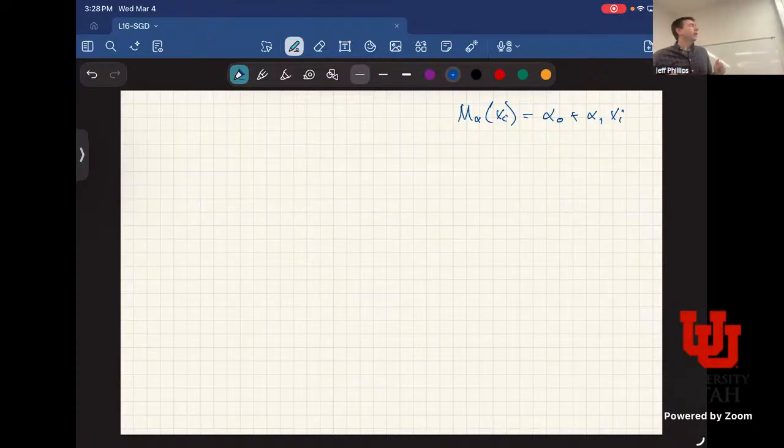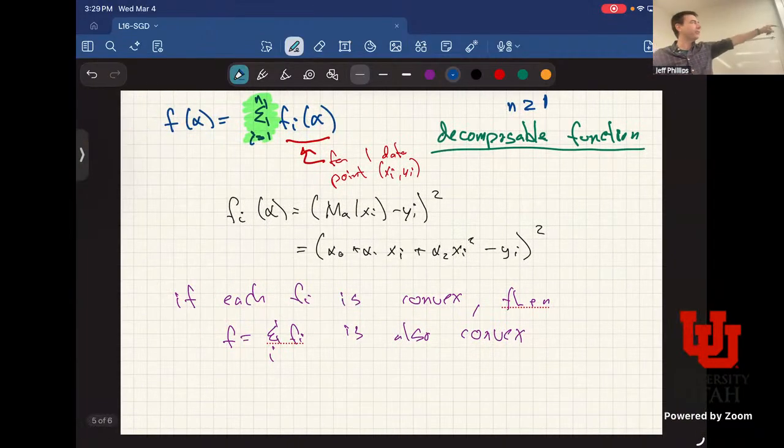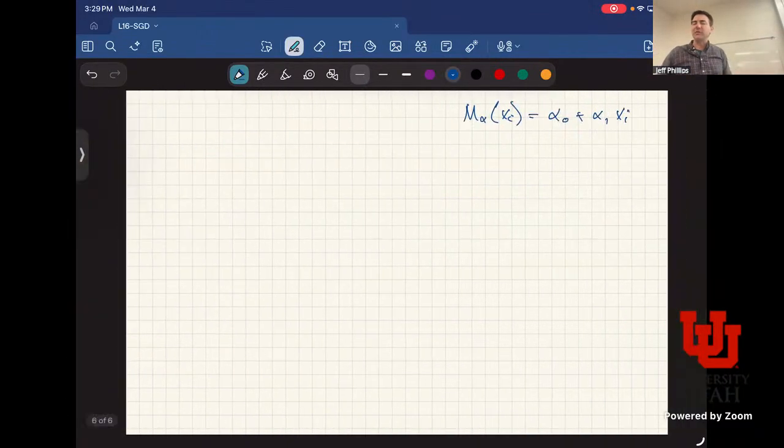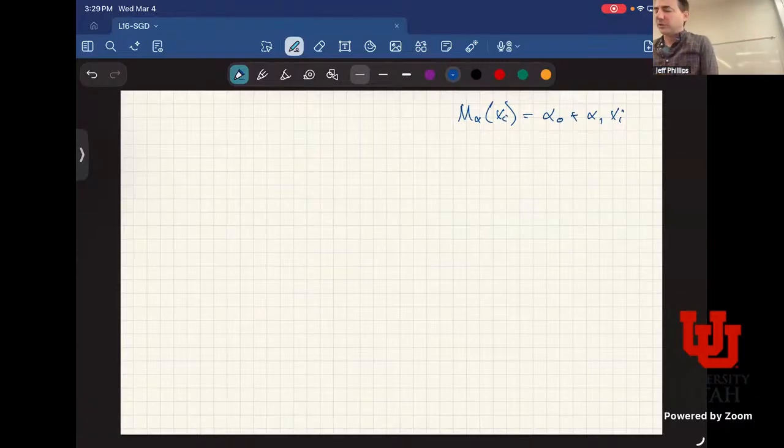What's nice about this is now I can think about my function f in terms of alpha. The dimensionality of alpha is 2, it's not 3 anymore. In the earlier example alpha had 3 dimensions. I can't draw a 3-dimensional picture very well, but I can draw a 2-dimensional picture. So let's see what this looks like.